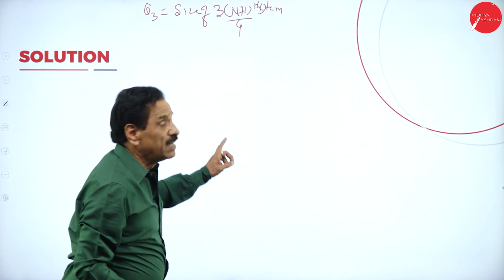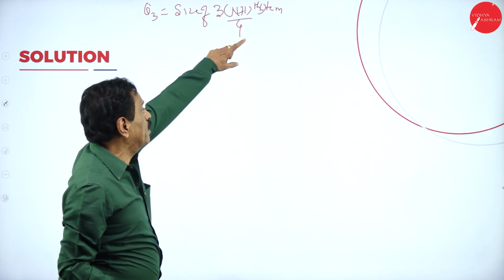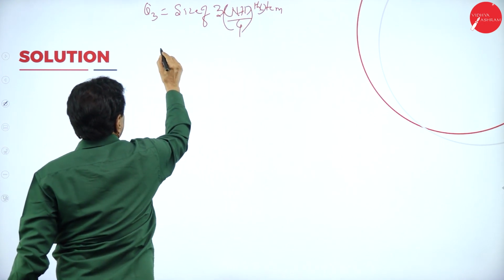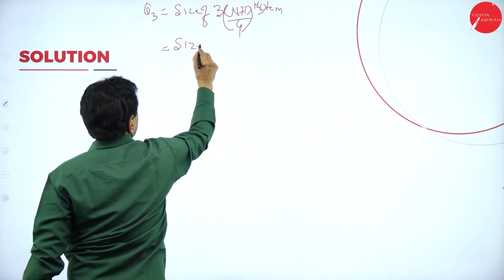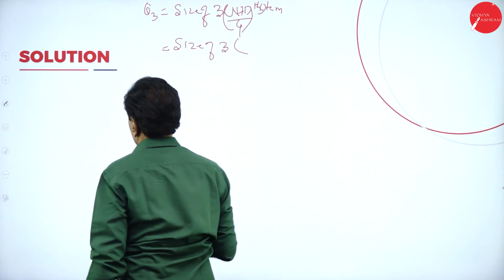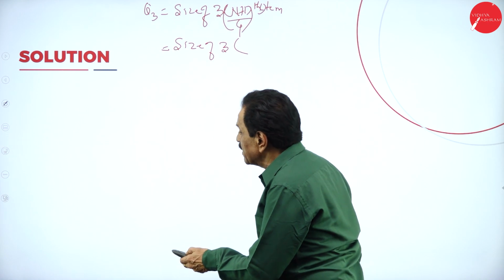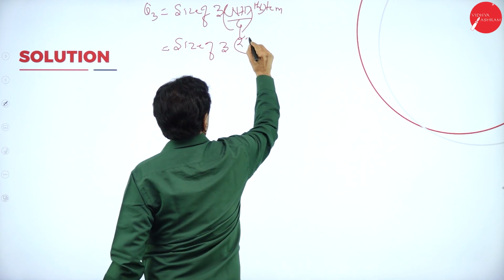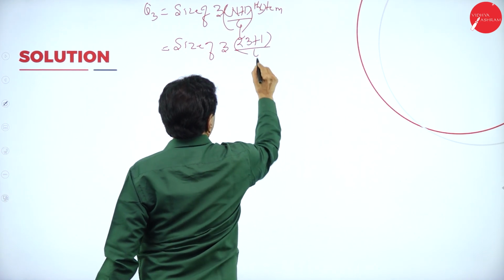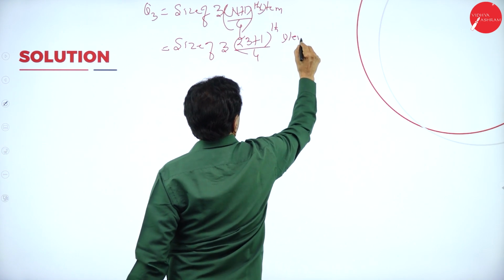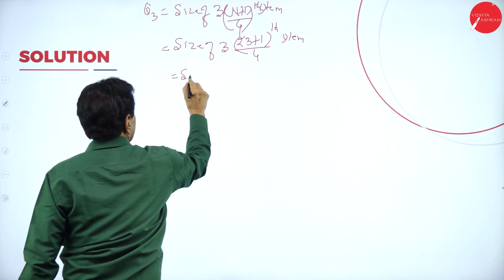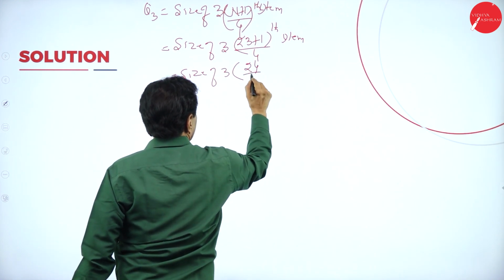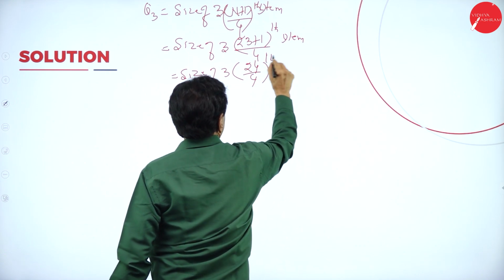What's your n? N is 23. So this is the size of 3 into (23 plus 1) divided by 4th item, that is the size of 3 into 24 divided by 4th item.